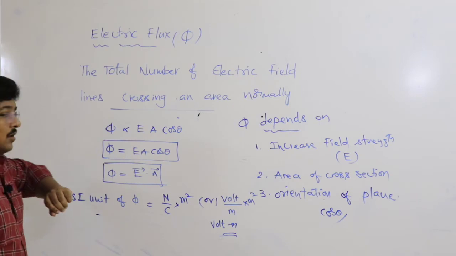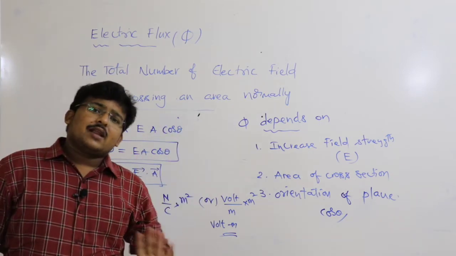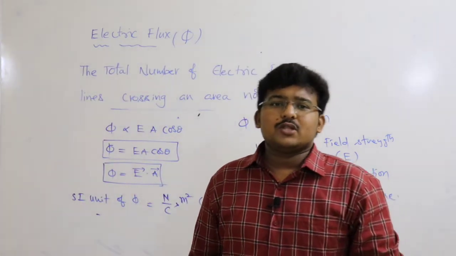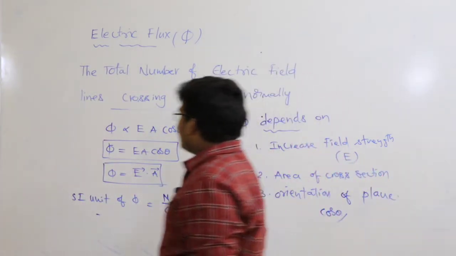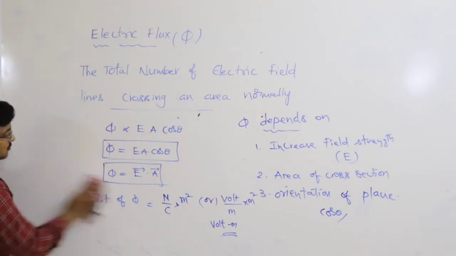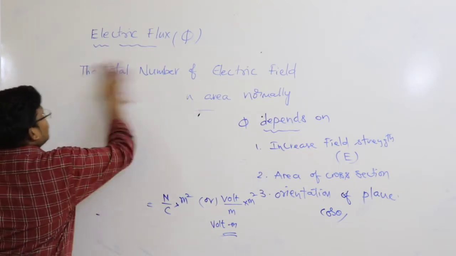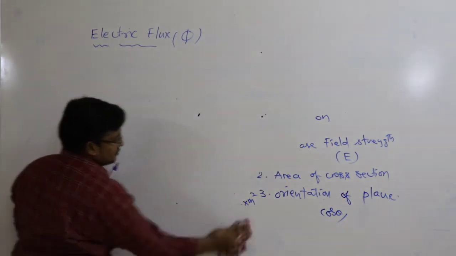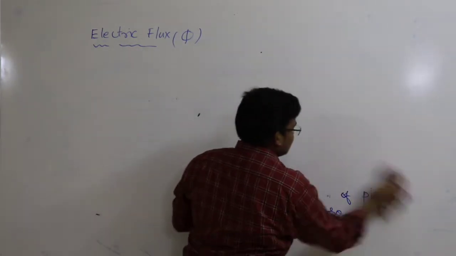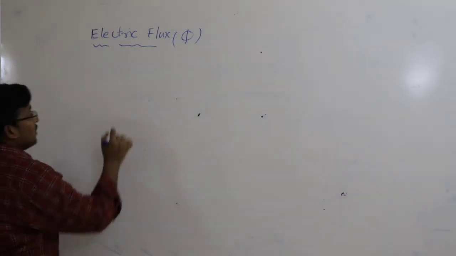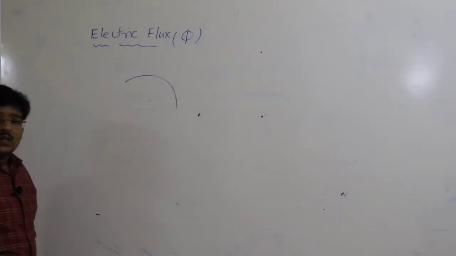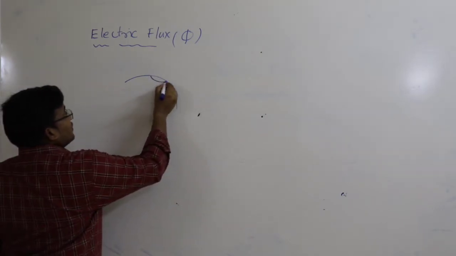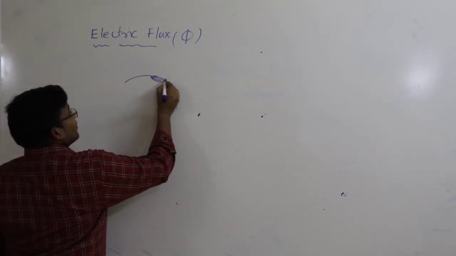Sir, are all areas like plane? No, some areas may be curved. Then what to do with those type of things? Let me take a curved surface where this is a small element.